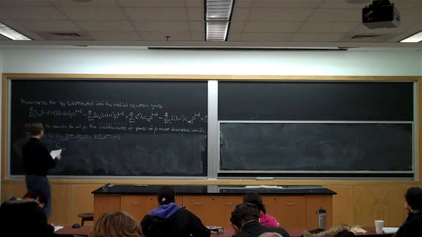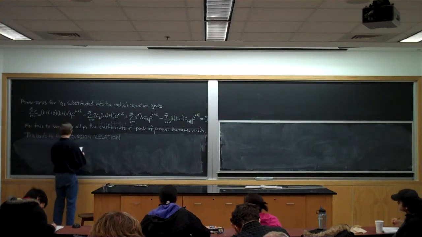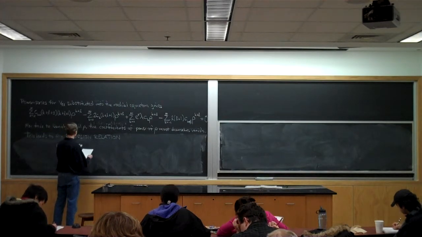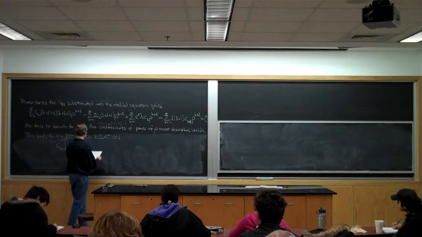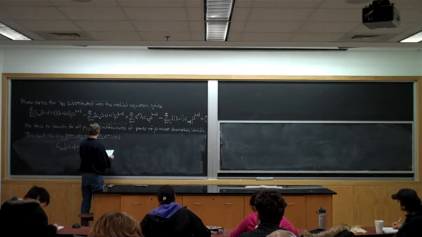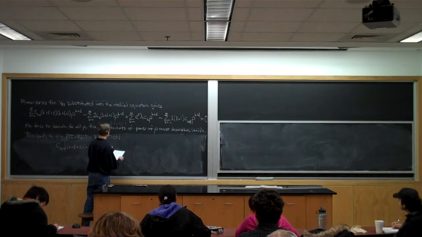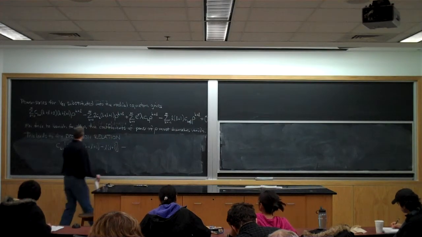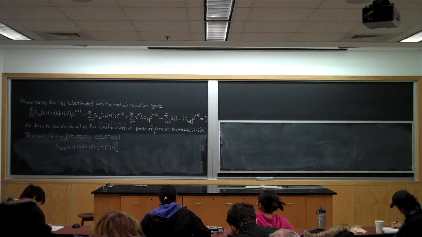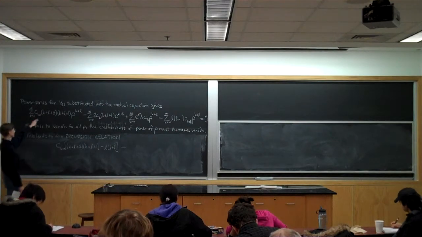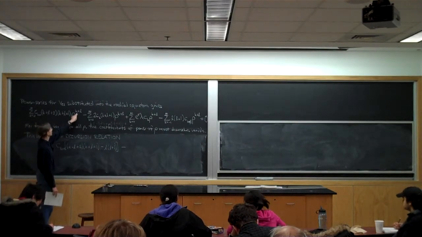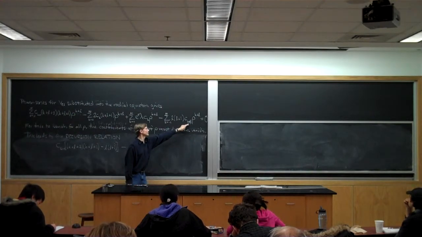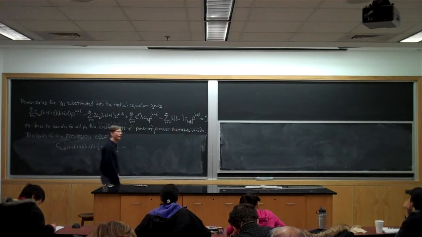So I collected the things that multiply rho to the k plus L in the first term and the last term together, and then factored out c sub k plus 1.